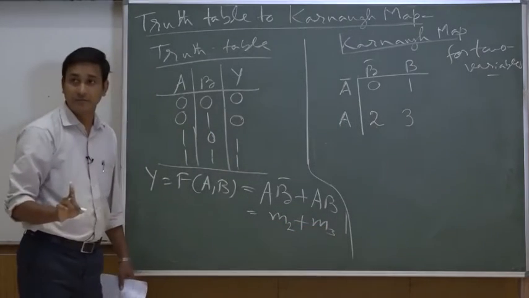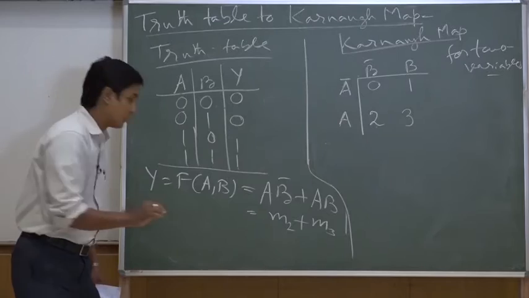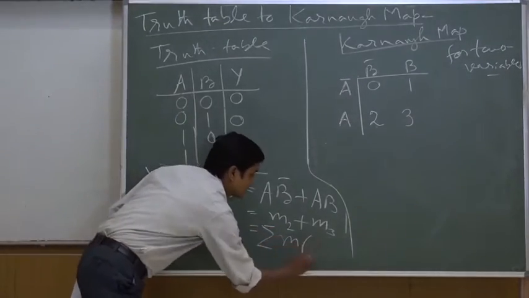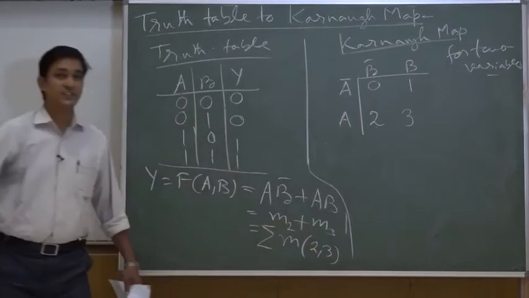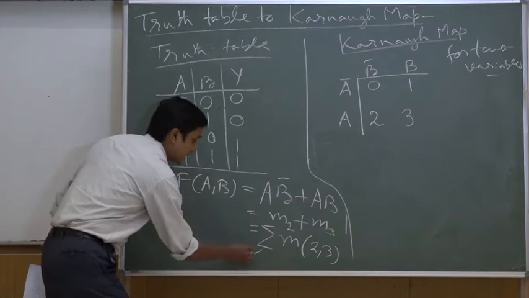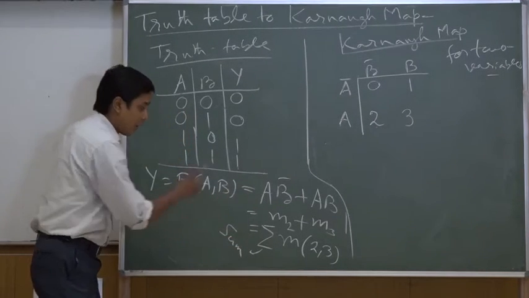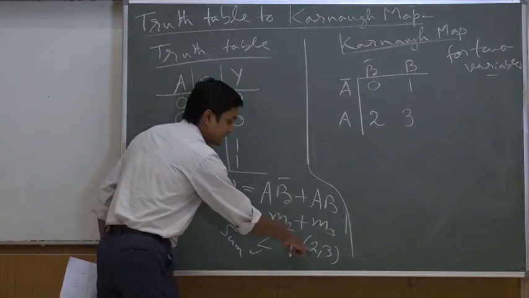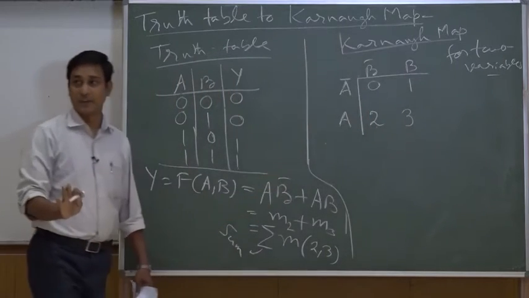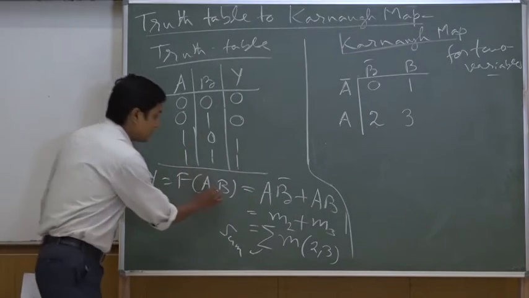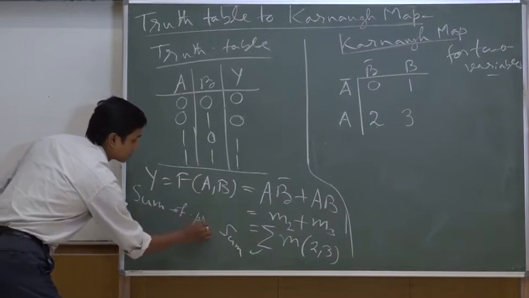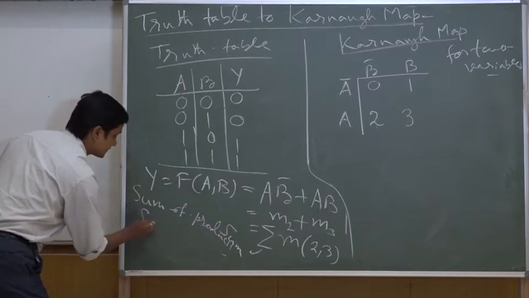I can write it this way, or I can write it like this, where m is 2, 3. This is the notation. That means I have to take the sum of those products at the 2 and 3 locations of this map. This is the meaning. This kind of representation is called sum of products, or SOP.